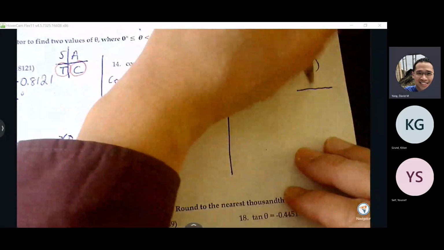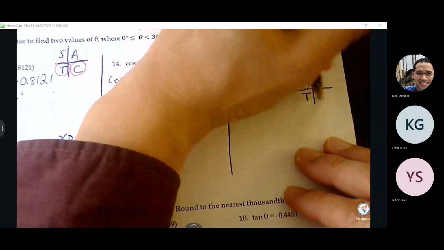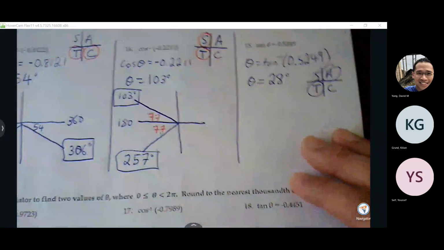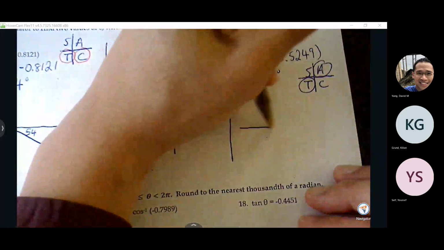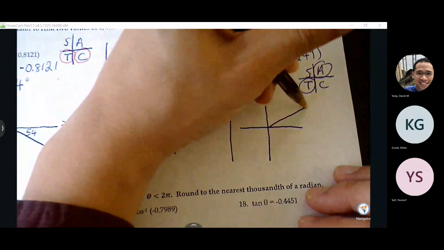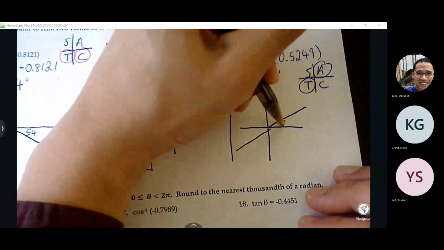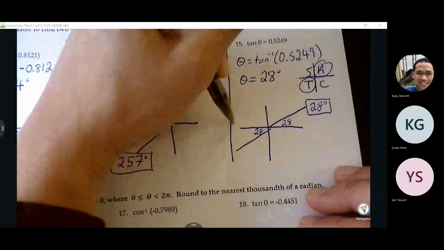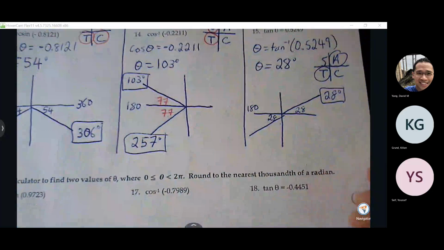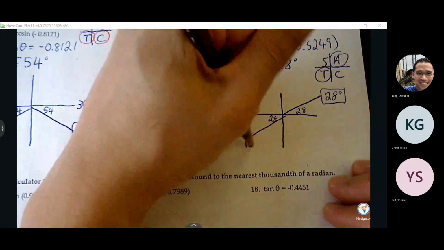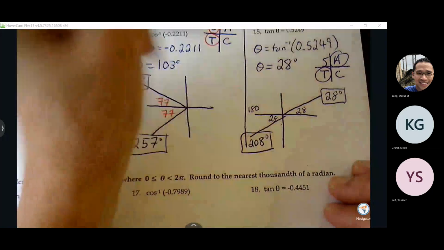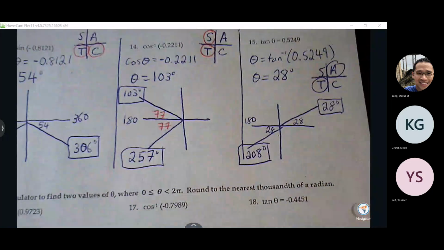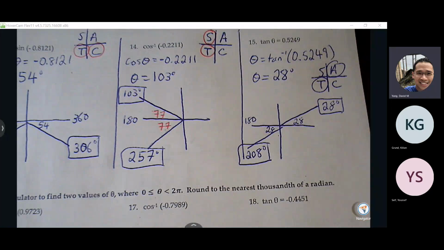So that's going to be in the first and third. Okay, good so far with degrees.